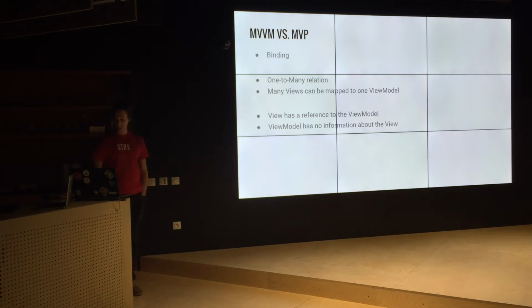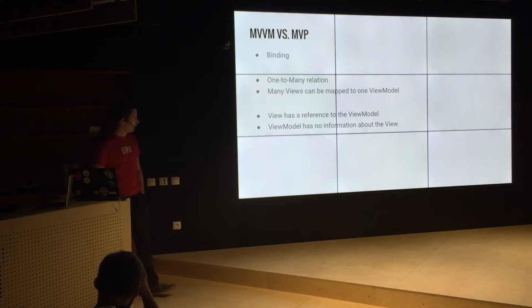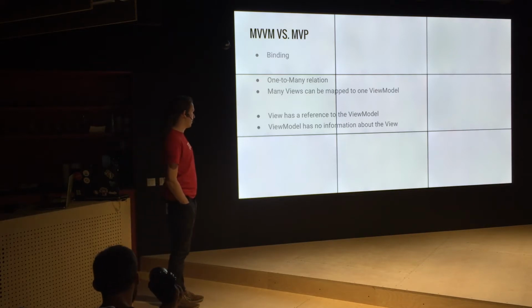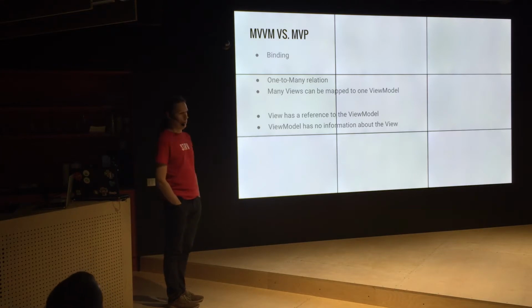Another difference is that MVP uses a one-to-one relation, but MVVM uses a one-to-many relation. I mean the relation between view and presenter, and between view and view model. It means that many views can be mapped into one view model in MVVM. And another difference is that in MVVM, view has a reference to the view model, but view model has no idea about the view.